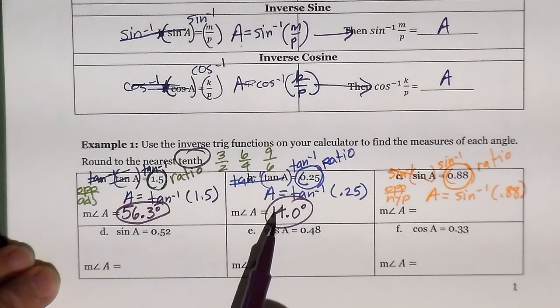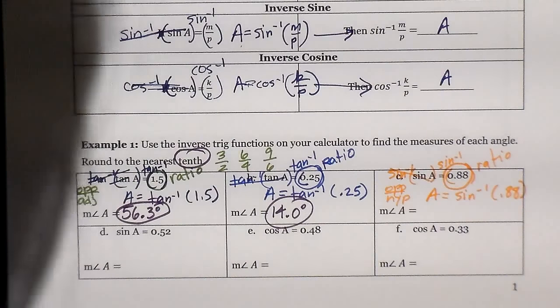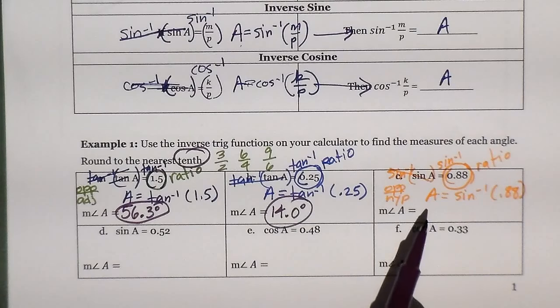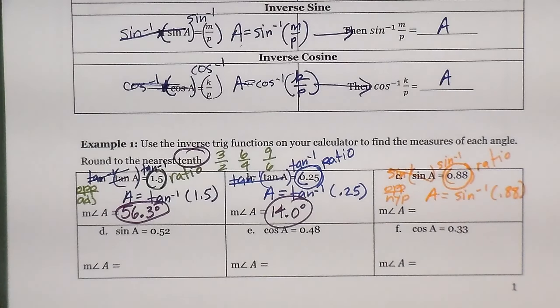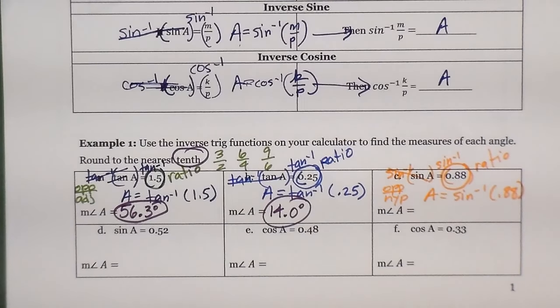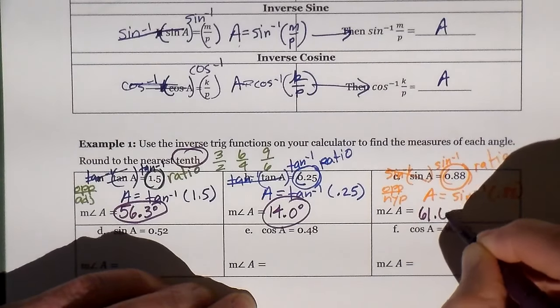And notice we're finding angles here. In the previous lesson we were finding sides, now we're finding angles. So let's do sine. Let's do the inverse sine of 0.88. Again, I'm using my calculator. I'm going to do arc sine of 0.88, and I get 61.6 degrees.